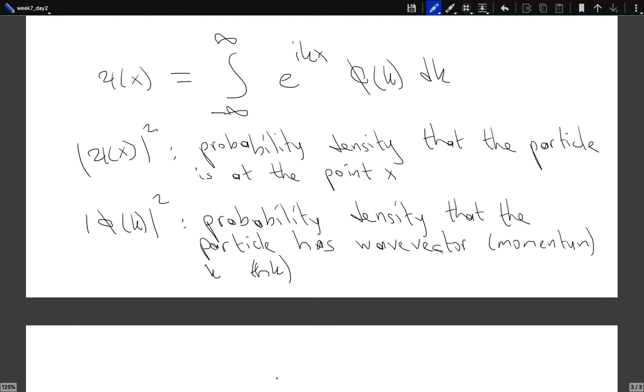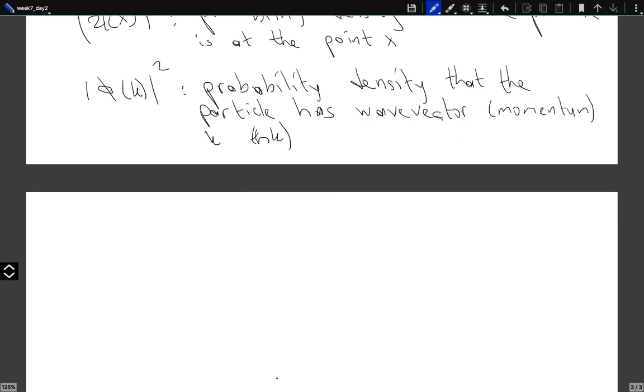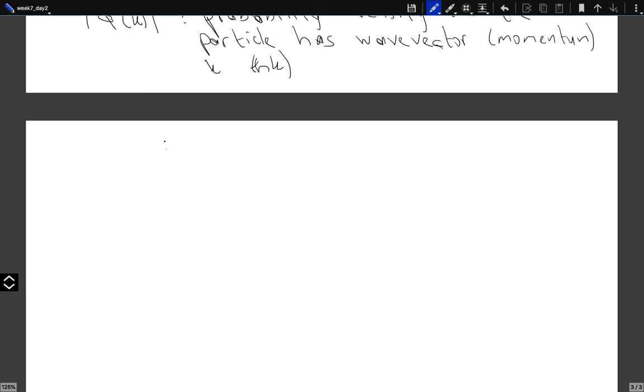So this function phi of k is very narrow. If that is very narrow, then I know what the value of k is. Let me just draw some sketches. Now, this is phi of k. This is psi of x.